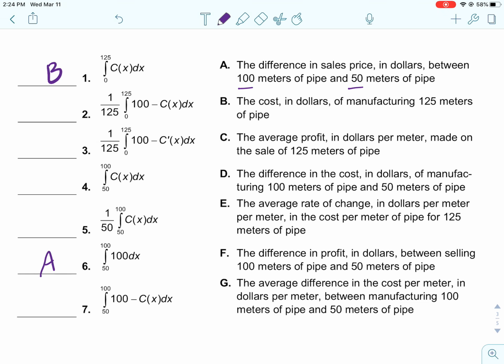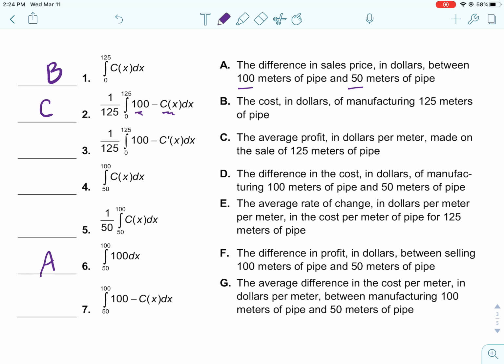Which ones do you guys think are the average value ones? 2, 3, 4, 2, 3, and 5. Okay, so C is the average profit in dollars per meter made on the sale of 125 meters of pipe. Which one of those do you guys think that is? 2. So we're taking the sales price, subtracting the cost, and then finding the average of 125.